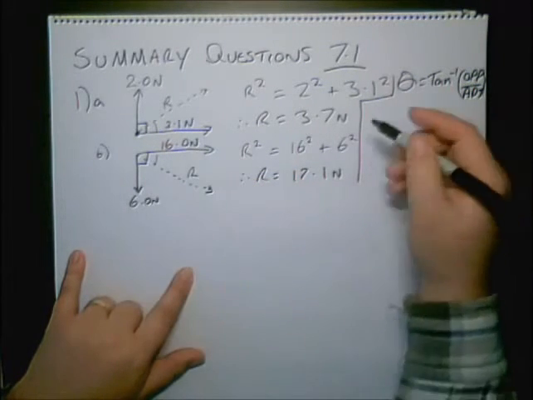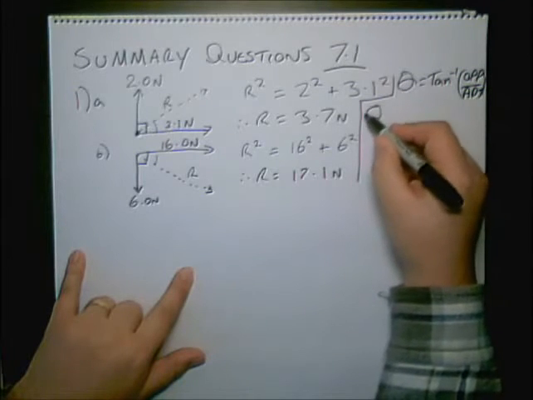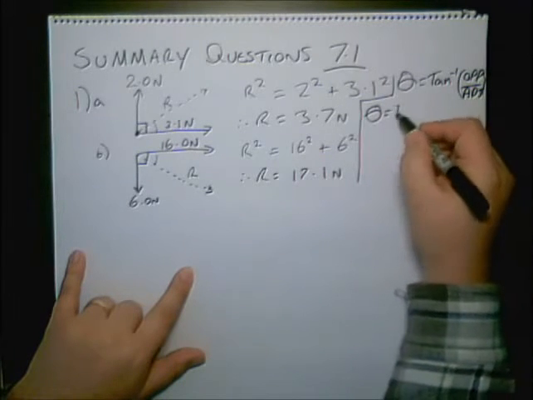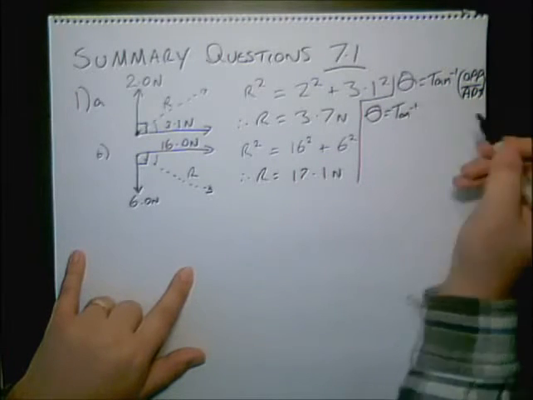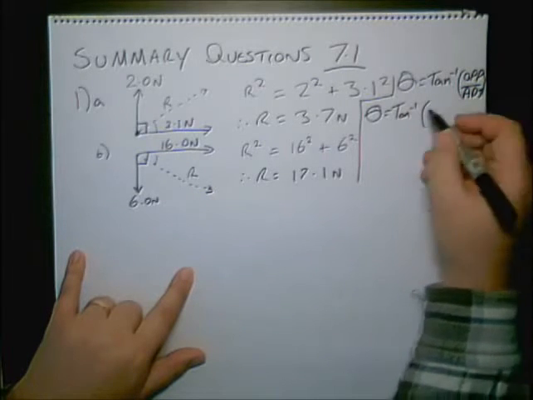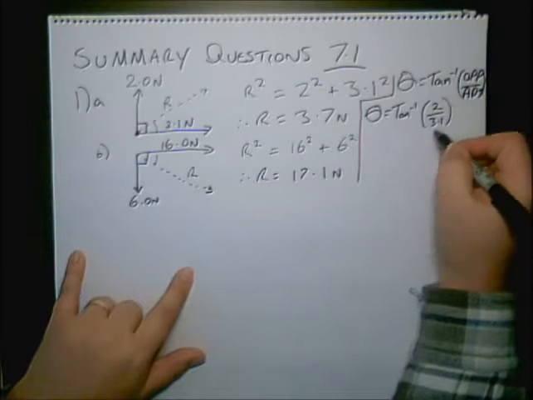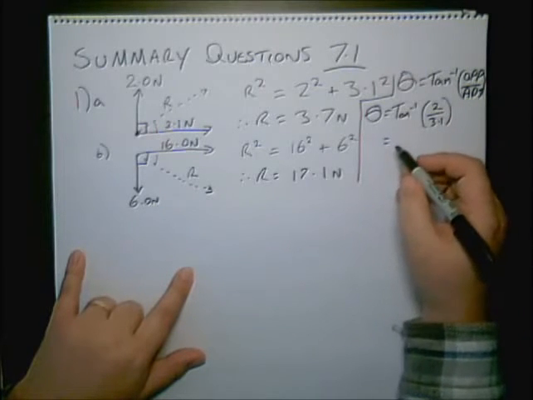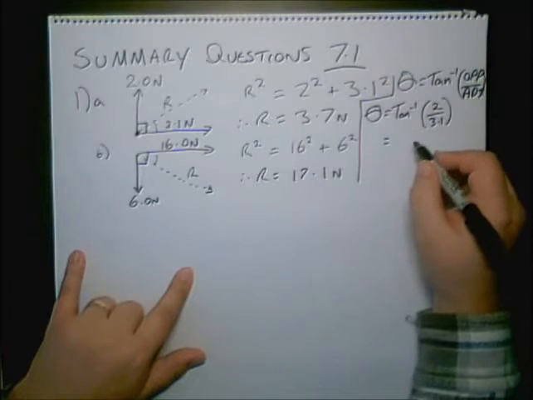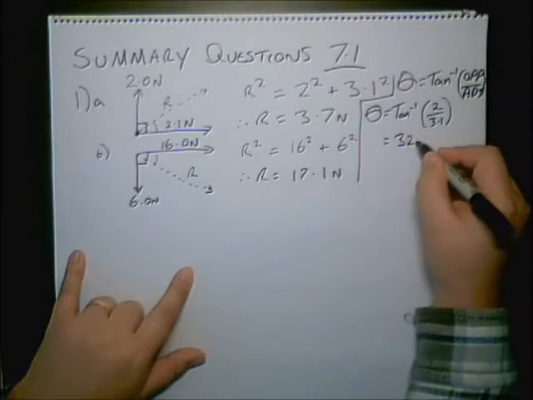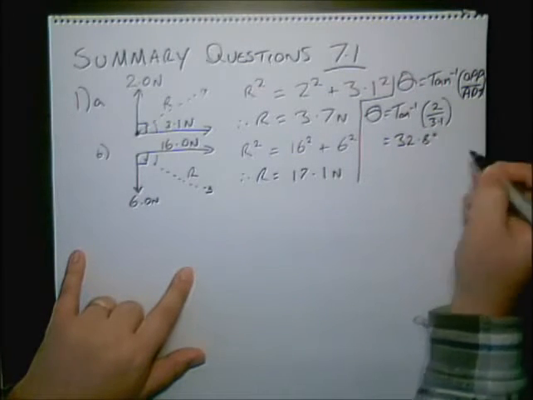So for this question, theta will equal tan to the minus 1, 2 over 3.1, which works out to 32.8 degrees.